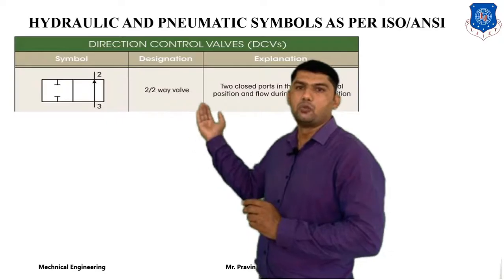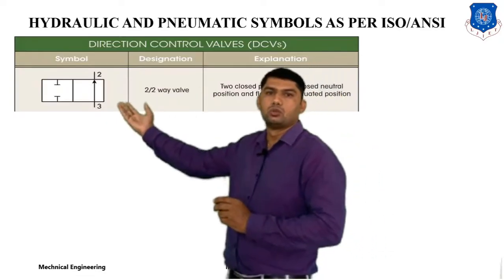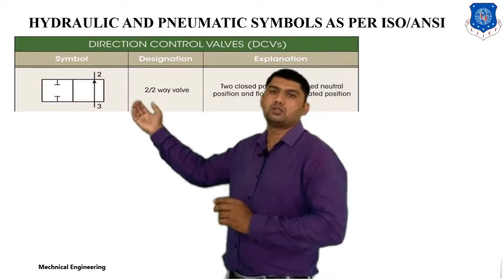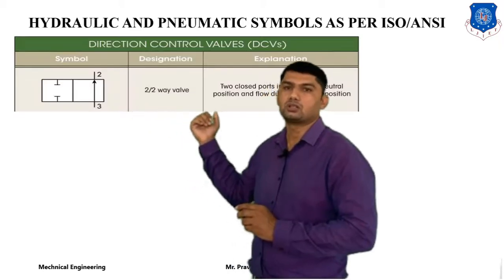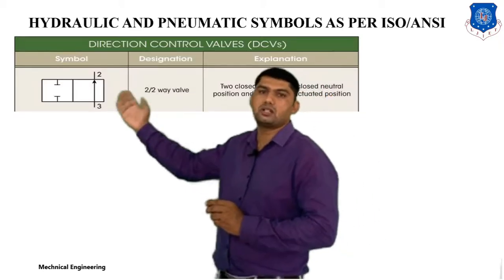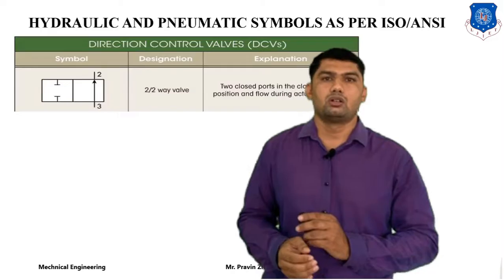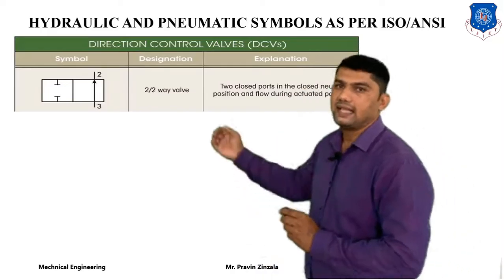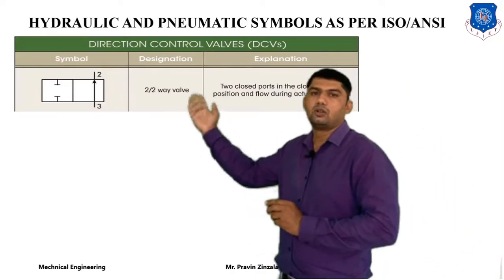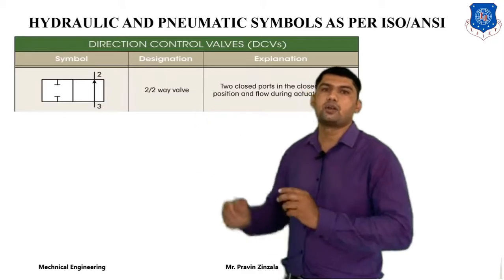If there are two positions, there will be two square boxes. Three positions, three square boxes. The first box represents the valve position, and the second represents the direction of the hydraulic fluid.